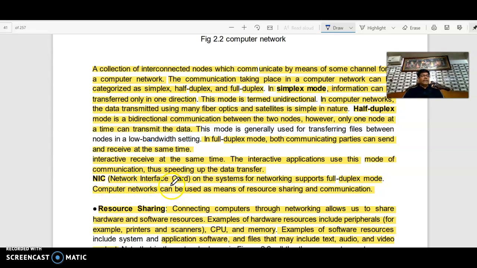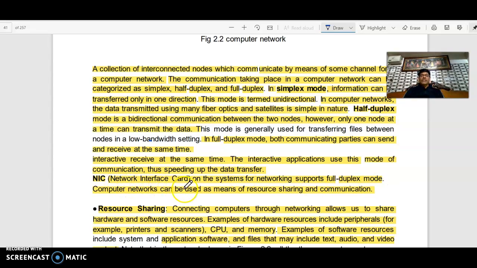This card is also called a LAN card, but actually it is the network interface card given by the manufacturer. The network interface card supports full duplex mode. At a time it can send as well as receive.